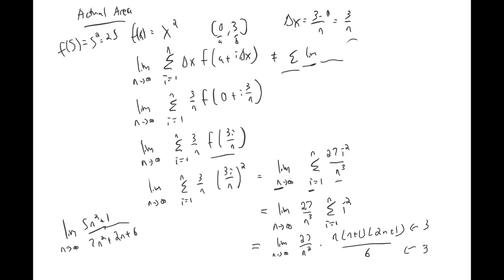Oh, sorry, this is 7. It should be 5/7. It's the ratio of the leading coefficients of the highest degree. Why is that? Let me just remind you, Math 2A. Why is that the case? Well, let's factor out the n squared, and then let's factor out n squared.